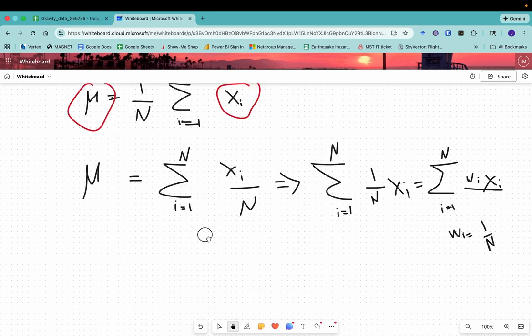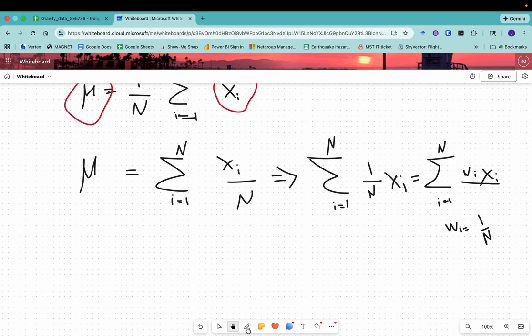So for this to be an average, we need to have the sum of the weights, i equals 1 to n. So again, this is just the symbol for sum. So w1 plus w2 plus w3 all the way up to wn. The sum from i equals 1 to n of wi, we need those to equal 1. And that is for this to be a proper average.